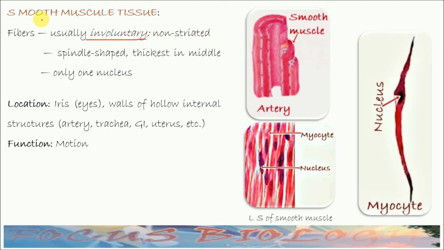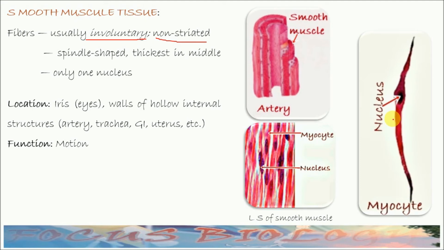A smooth muscle fiber is non-striated. Here you can see there are no striations. They are made up of spindle shaped cells, right?